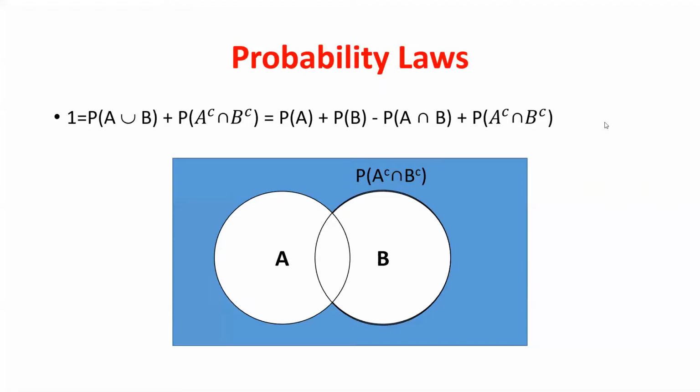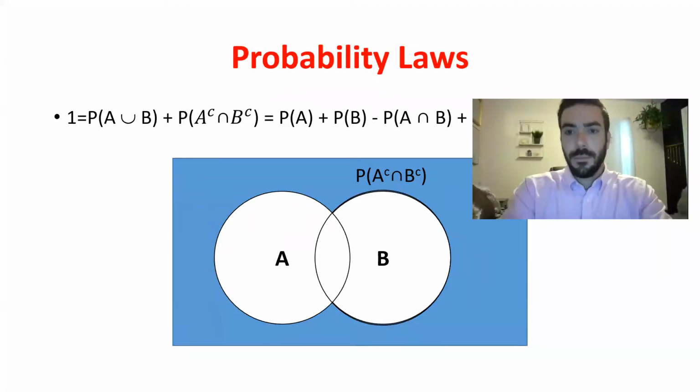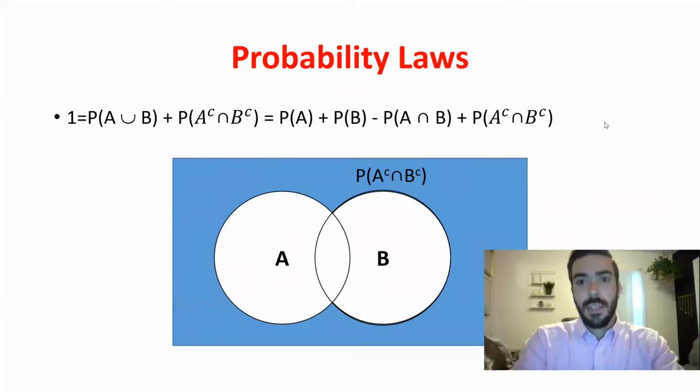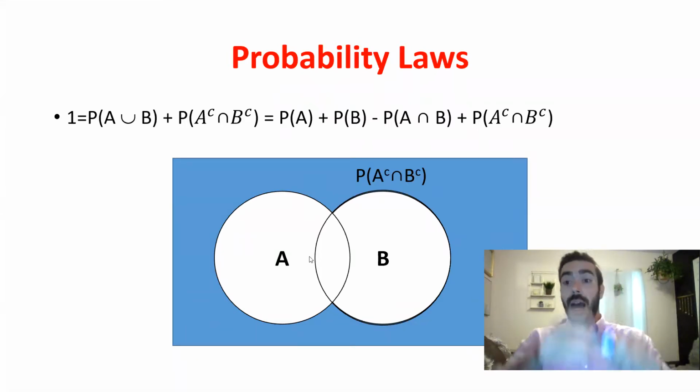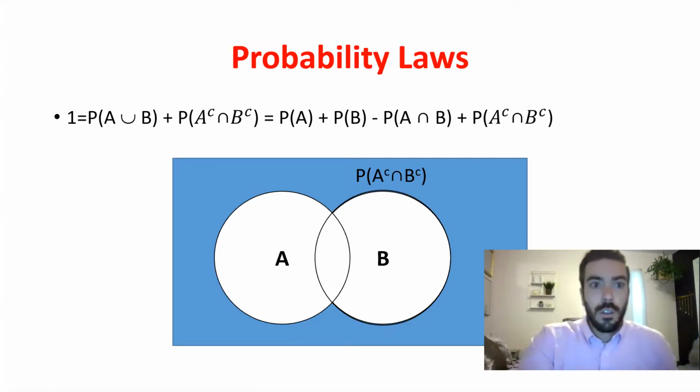So when we go back to the slide here, what we're saying is, look, if I take the intersection of those two complements, it's everything outside that union, and I add that to the union of those two events, I've filled up the entire experimental outcome space. So the union of those two events, which is this shaded white area, and the intersection of their complements, which I just gave you some more intuition behind, is this blue area.